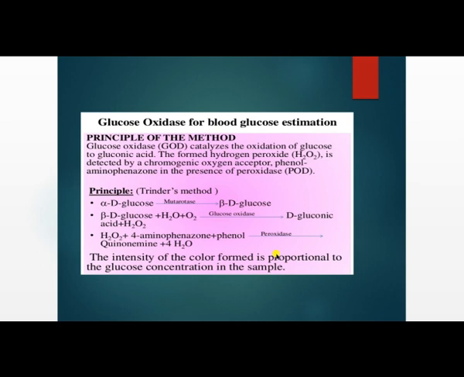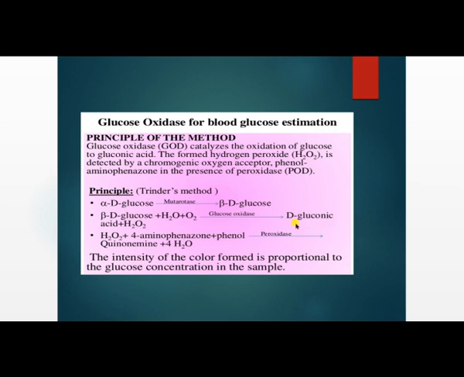Understood? The principle is that glucose is oxidized by glucose oxidase enzyme, forming gluconic acid and hydrogen peroxide.